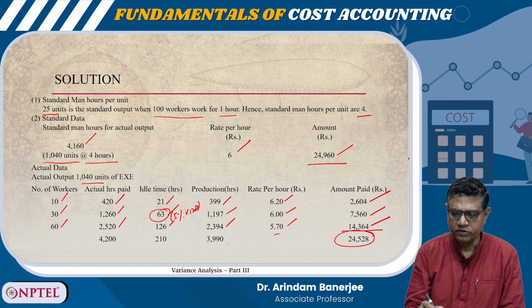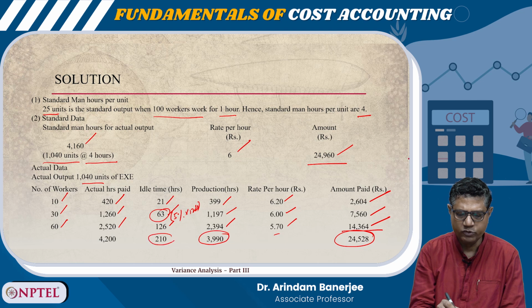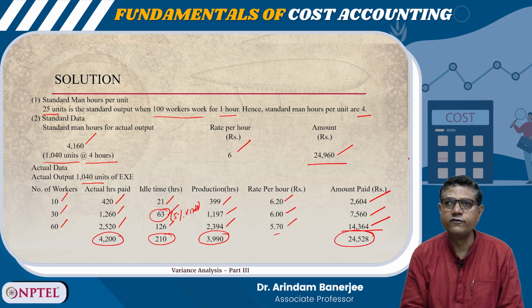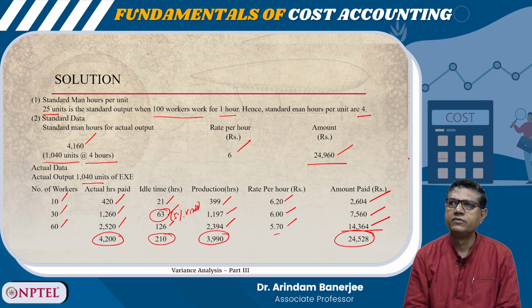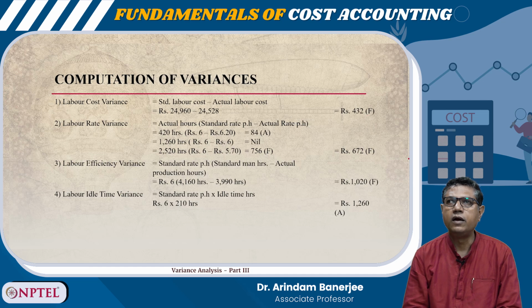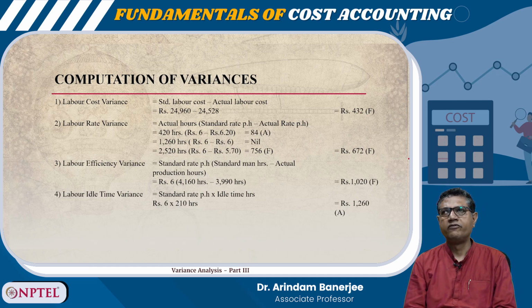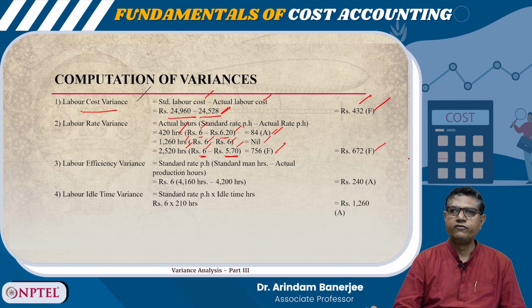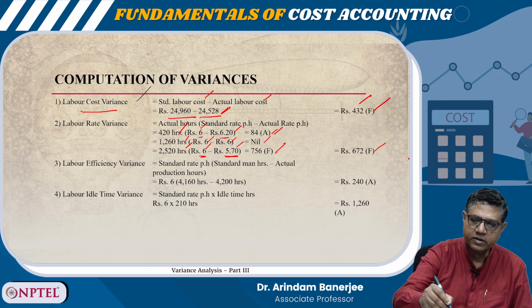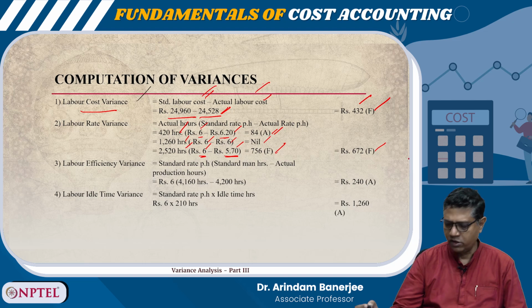If I add this, the total amount paid is 24,528, and the production hours total is 3990, idle time total is 210, and the total actual hours paid is 4200. Fine. Now, from this information, we are computing the variances. First, we will calculate the labor cost variance. Labor cost variance is standard labor cost minus actual labor cost.